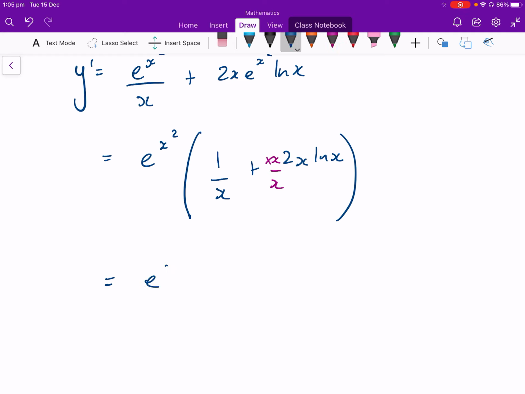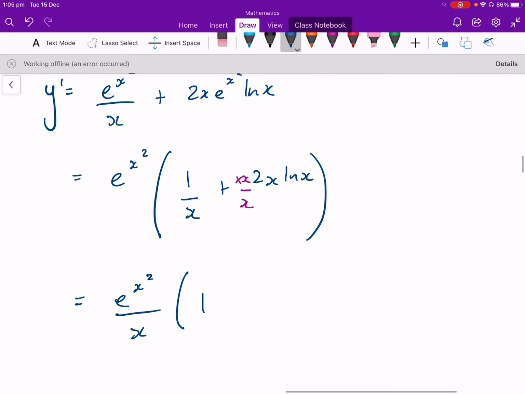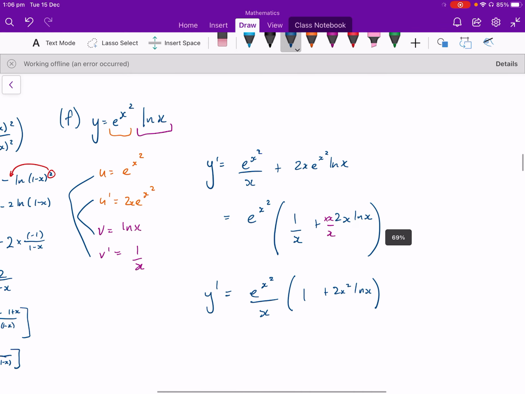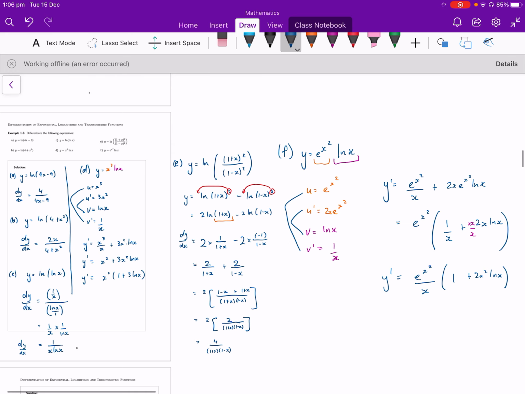So here, I'll have e to the x² over x, then a 1 at the start here, and then plus 2x² ln x. Very nice solution there for question F. Okay, so that's all of the working for example 1.8.